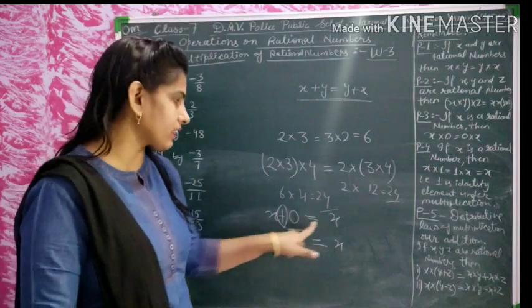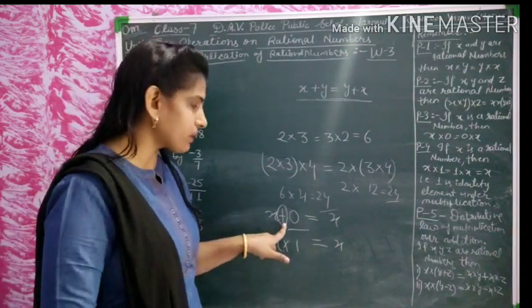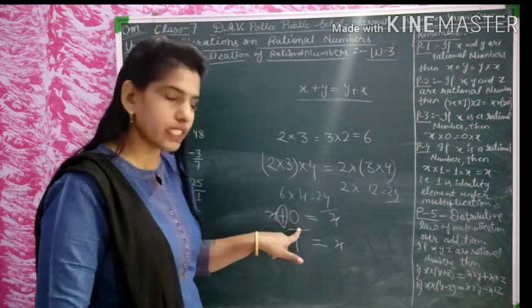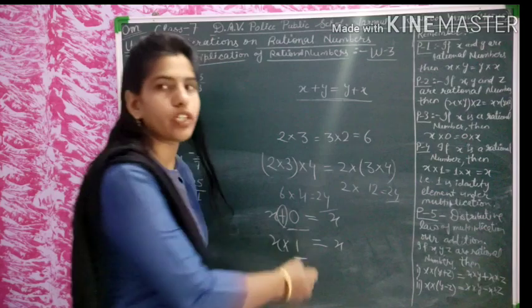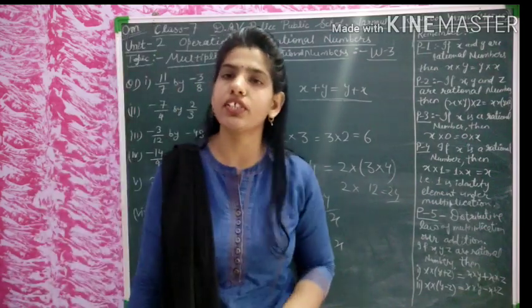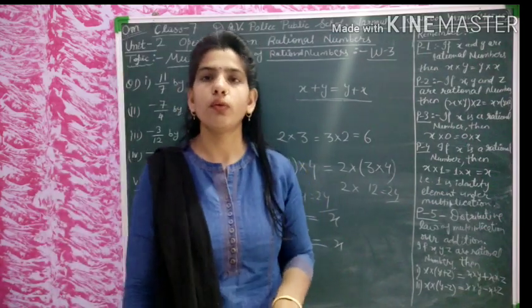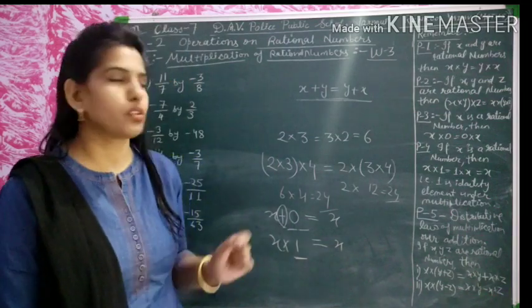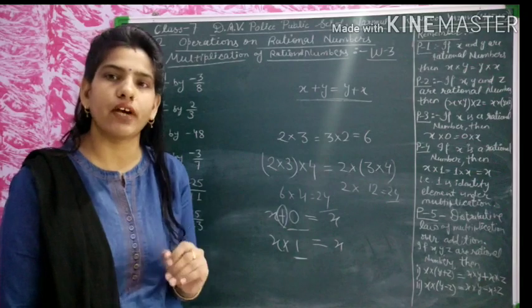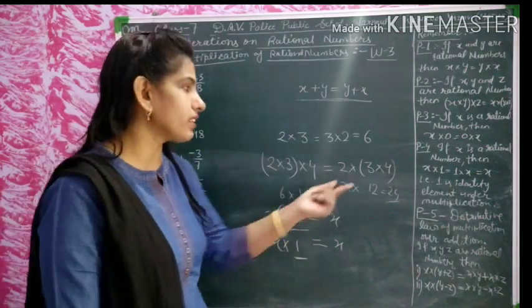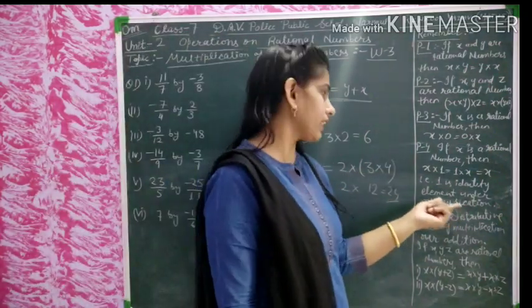You are clear on this by this example. In addition, plus itself number, the identity is 0. In multiplication, the identity is 1. But in subtraction and division, there is no identity, because it doesn't satisfy this property and also doesn't have the inverse. So both properties are not satisfied here.